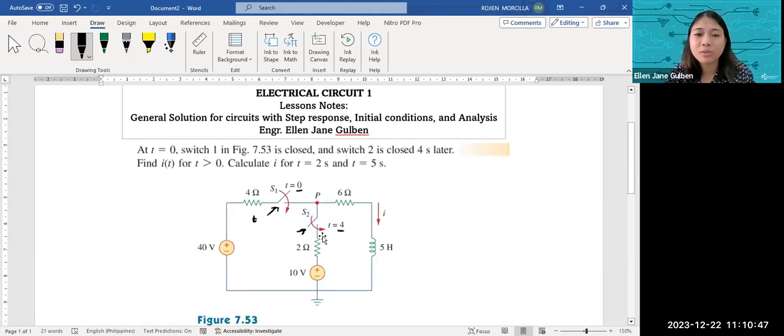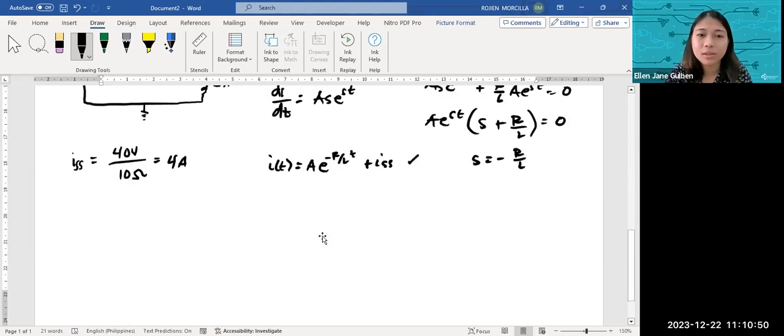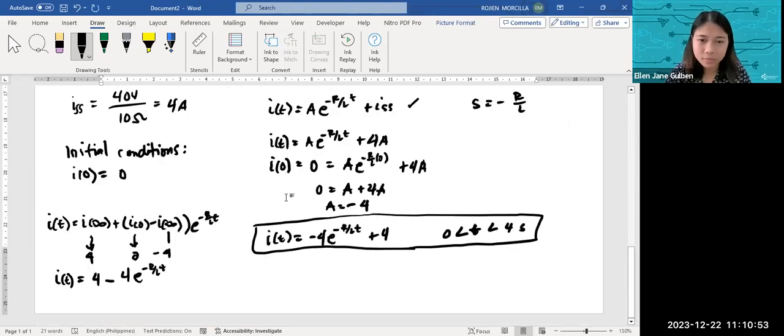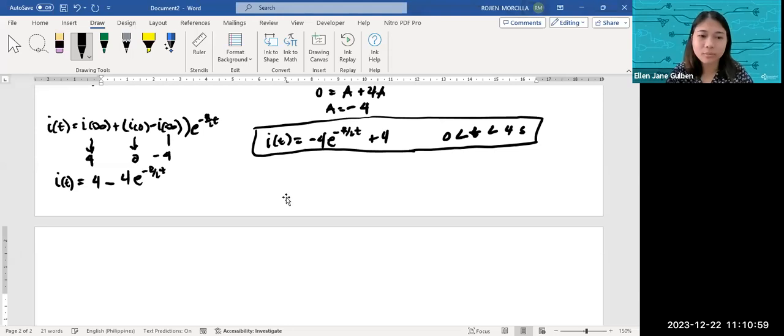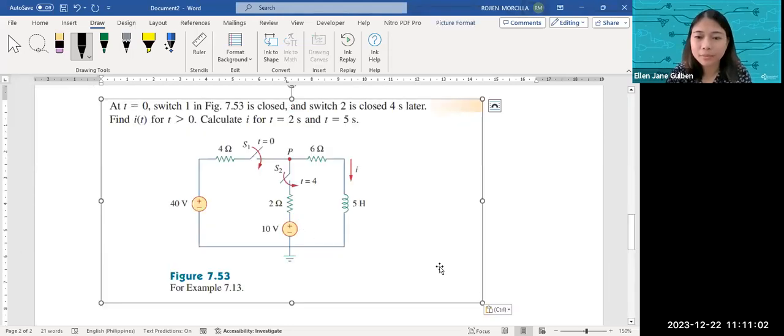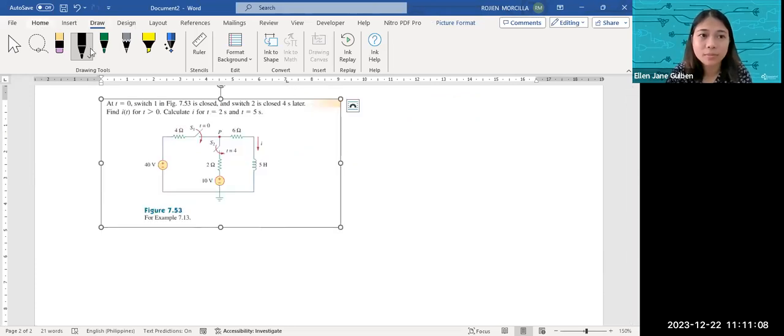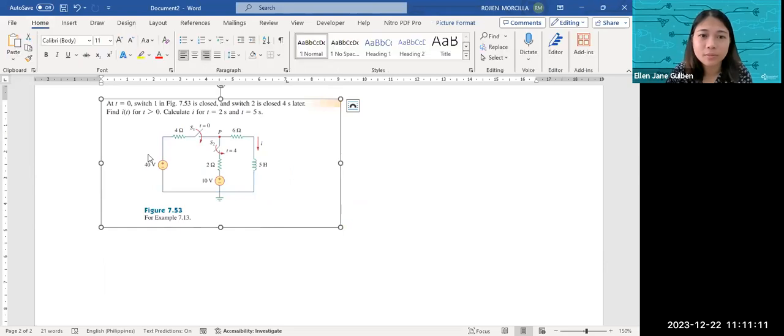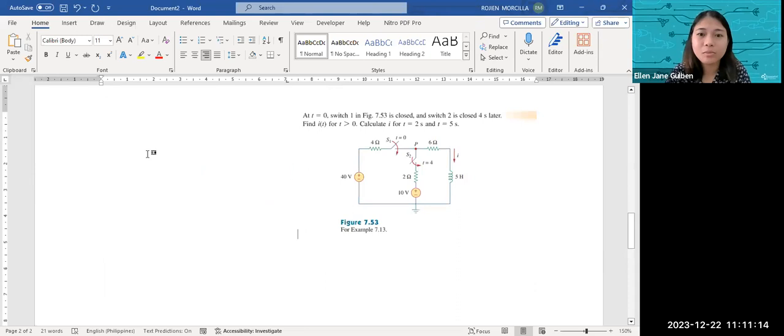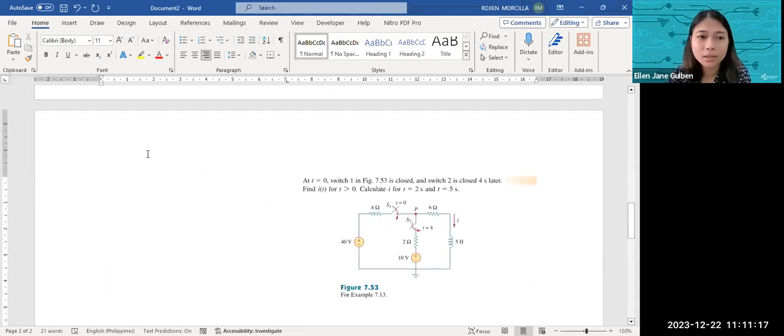Let's copy this one again. We will redraw the circuit with a different time frame at t greater than or equal to 4 seconds.